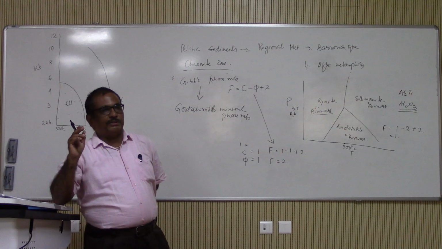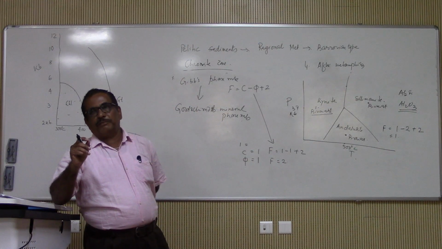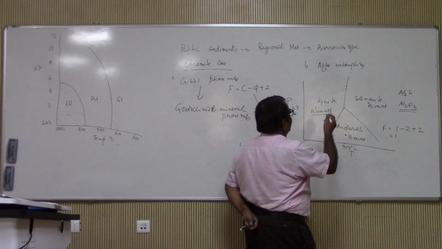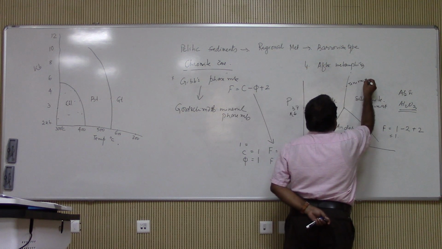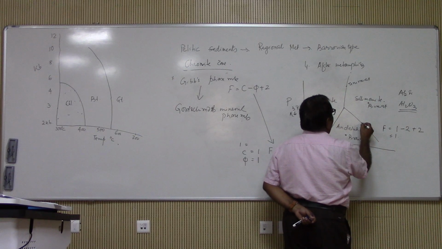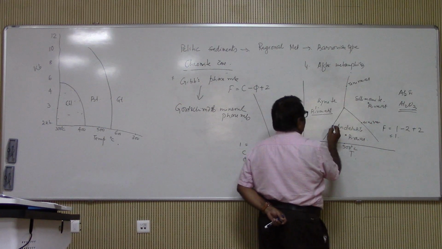That means if pressure is fixed, temperature is also fixed. Only one variation you can make, either pressure or temperature. So this point is a univariant point. And this one is also univariant.